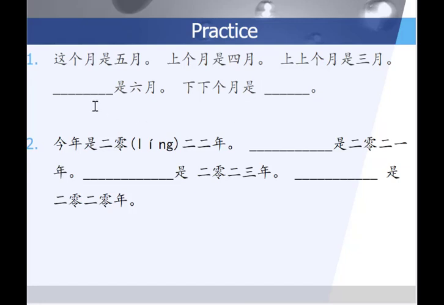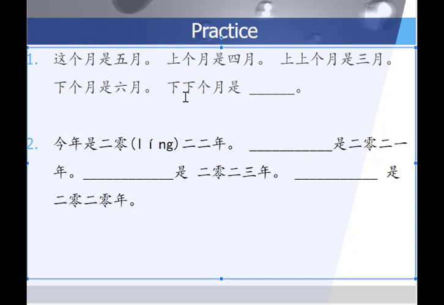And what month would be June? If this month is May, next month would be June, right? And that would be 下个月是6月. And then what about the month after that? 下下个月. Well, that would be 7月, right? And so we have the answer.